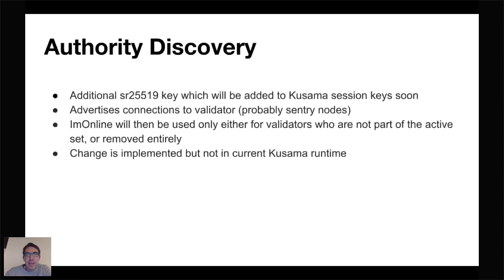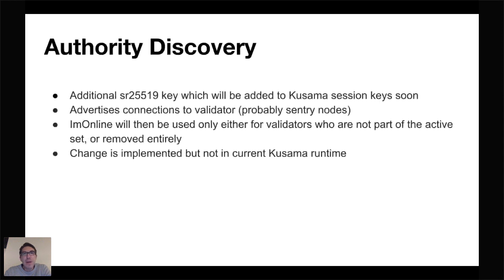However, just recently, over the last few days, an additional key has been added to the code base, but has not yet been put onto the currently running live runtime, called Authority Discovery. Authority Discovery is a key that's going to allow advertising connections to validators.